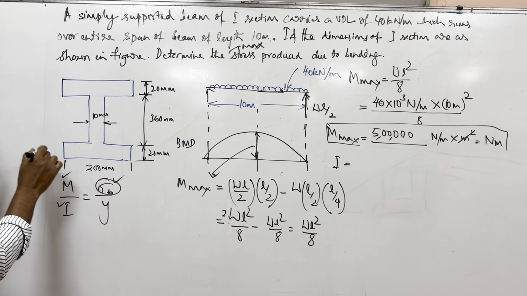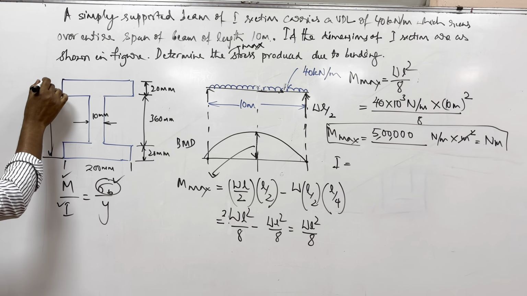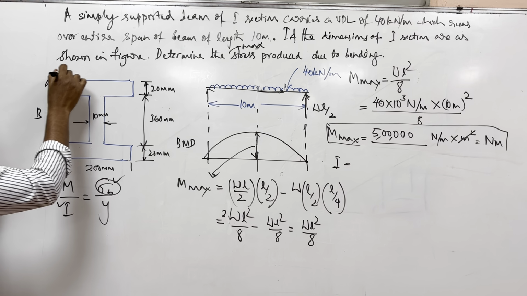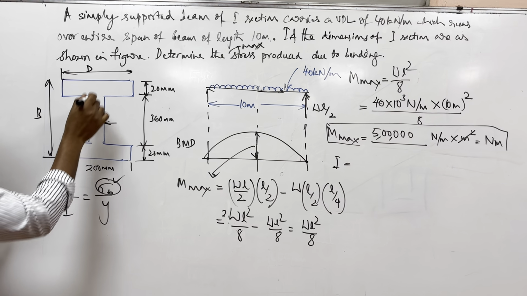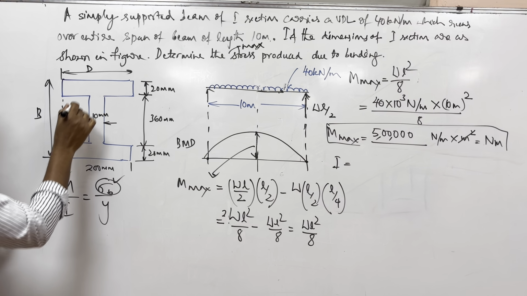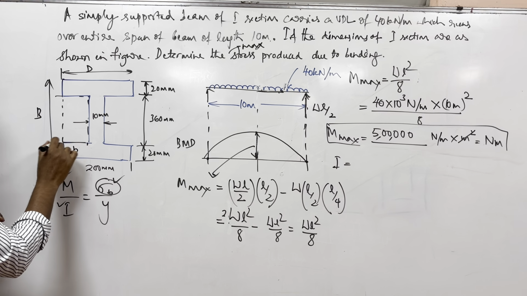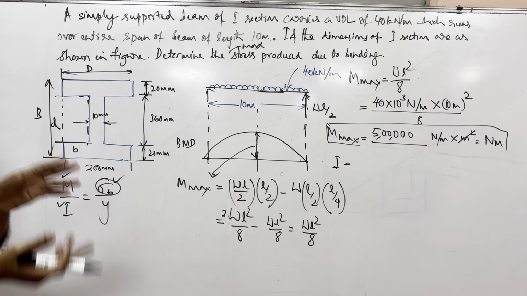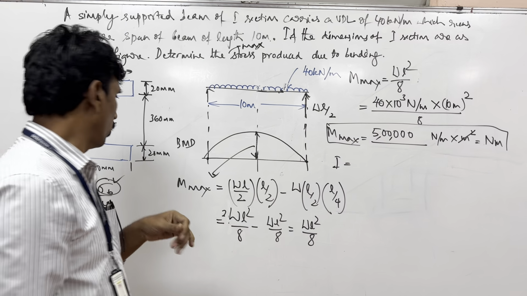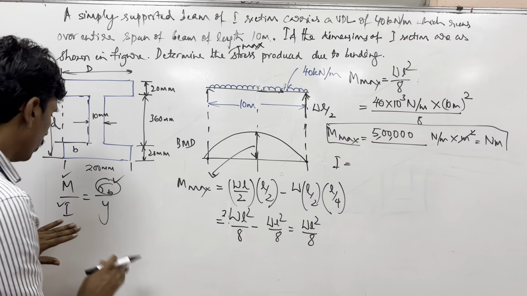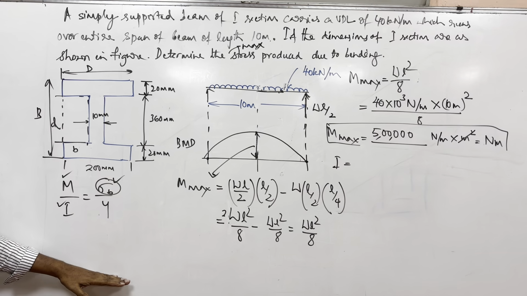This is capital B, this is capital D, and these are small b and small d. We need to deduct those two.